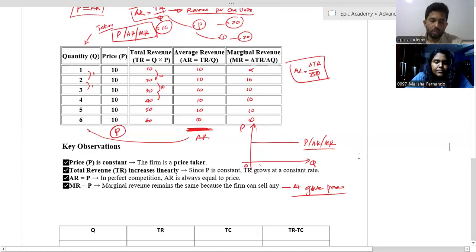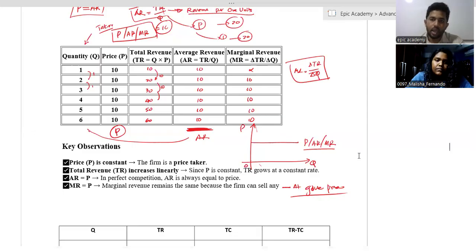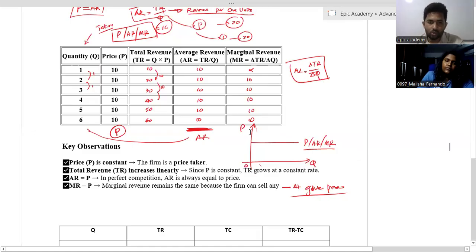There is no difference between P, AR, and MR, and the demand can also be identified as similar to these three components. That is why we write it like this: P, AR.